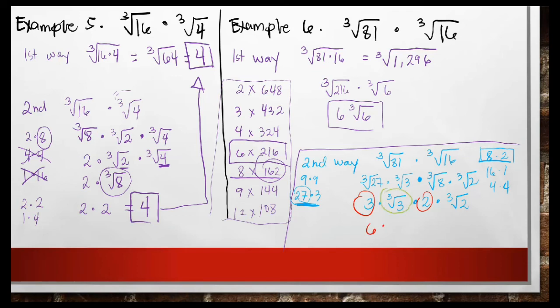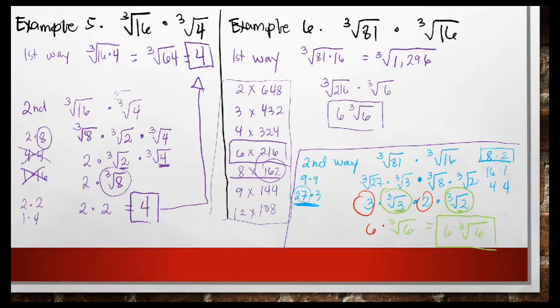Since they have the same index, we can write one cube root and multiply the 3 and 2, which is equal to 6. So 6 times cube root of 6. Since we have no perfect cube in 6, our final answer is 6 cube root of 6.